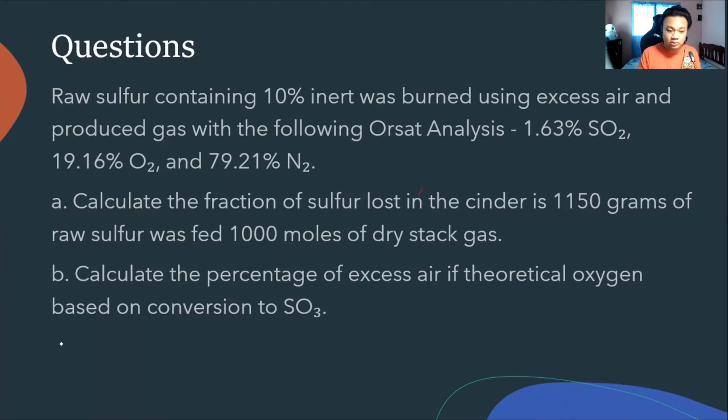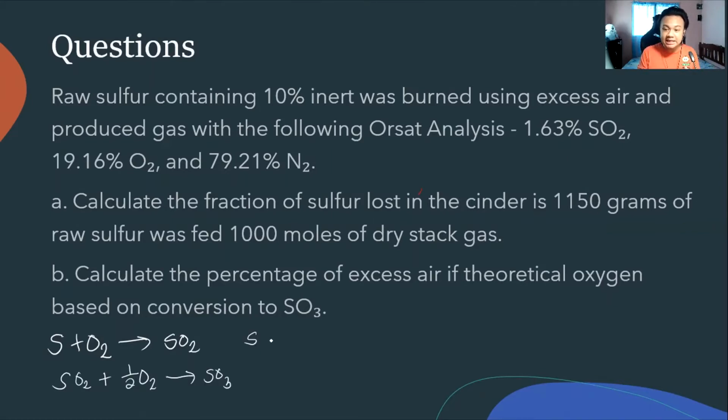Okay, so S now is being burned with O2, diba? So to produce SO2. Then SO2 is oxidized further, and if you burn SO2, we need an additional 1/2 mole of O2 to produce SO3.